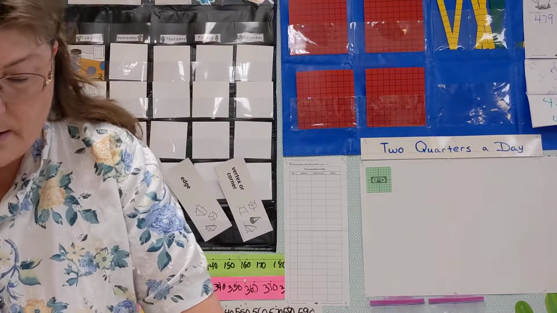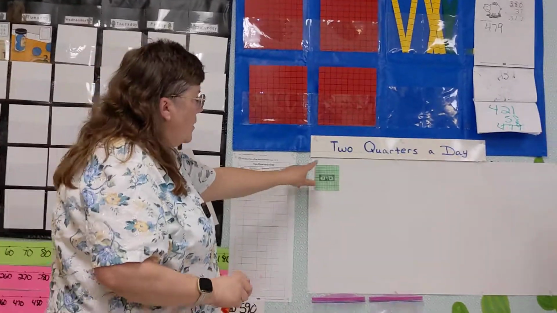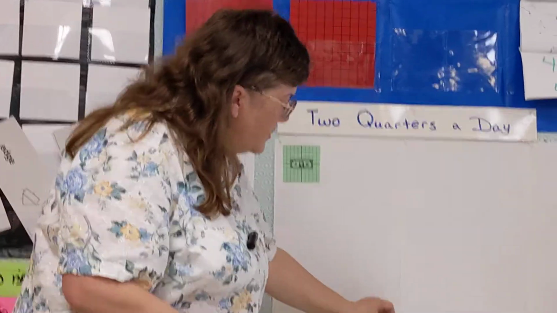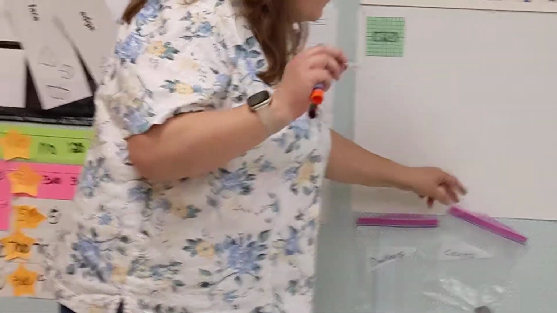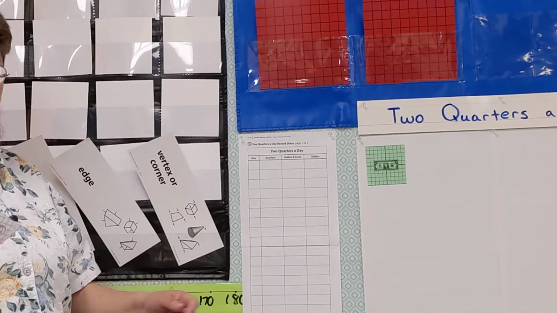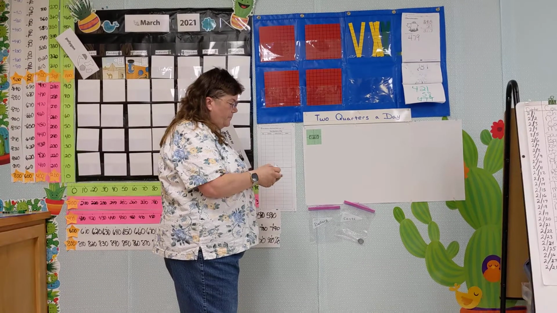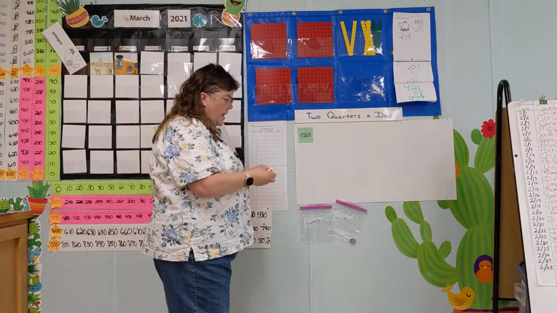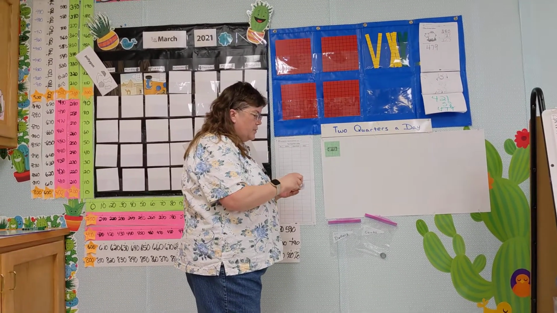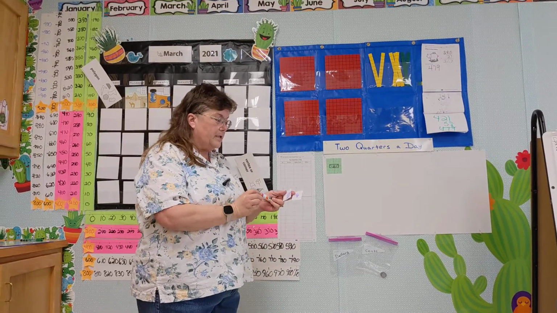I'm going to be putting up our 2 quarters onto our dollar. We are going to determine how much of $1 these quarters are, and we're going to be recording. So let me put our 2 quarters up. How much of these 2 squares are going to cover my dollar square?